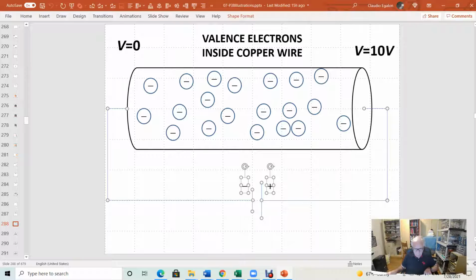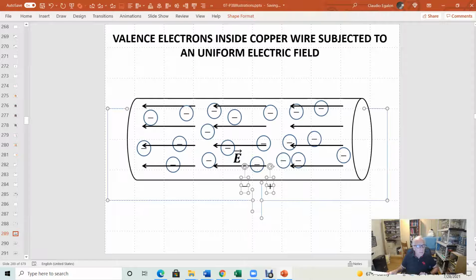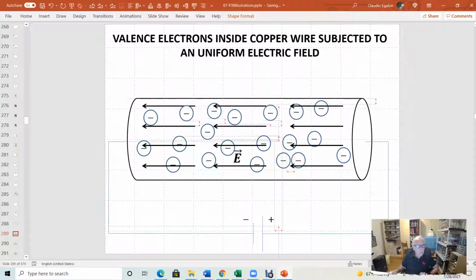It may be somewhat difficult for you to visualize right now, but as you get more and more exposed to that, it becomes more and more clear. So the moment I connect my battery, something interesting happens in this copper wire. An electric field is established right in here.